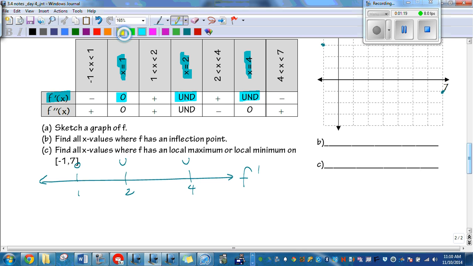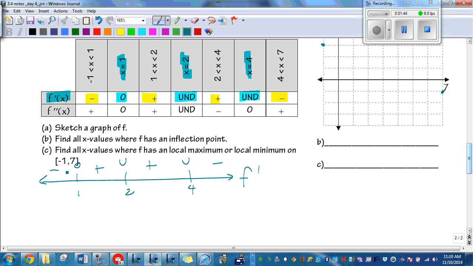Then it tells us when the first derivative is positive and negative. So it's negative, then positive, positive, then negative. So that information gives us when our original function is increasing and decreasing, and when it changes certain ways, we get our minimums and maximums. So at x equals 1, what are we getting?